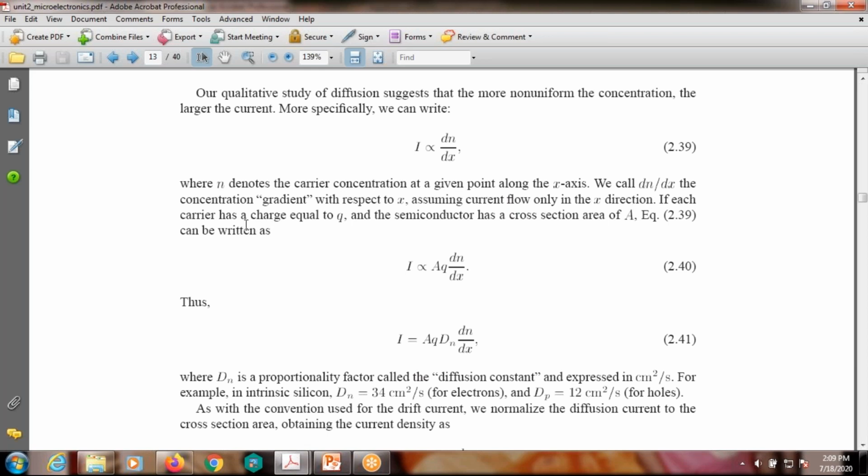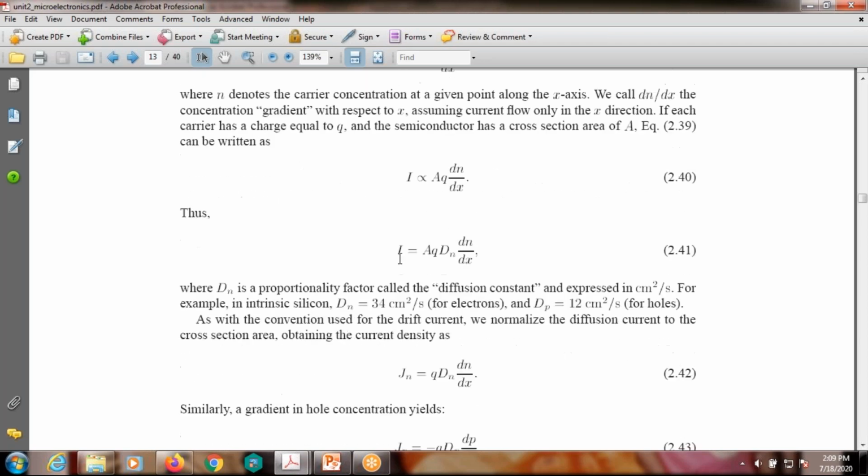If each carrier has a charge q in a semiconductor of cross-sectional area A, then I is directly proportional to A times q times dN by dx, the concentration gradient.